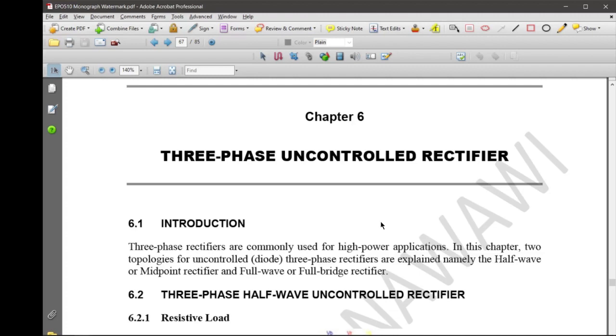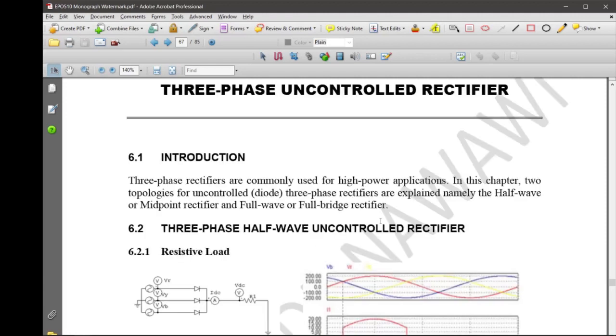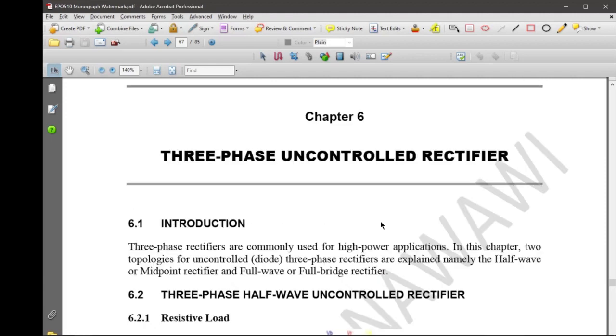Okay, so three-phase uncontrolled rectifier. As the name implies, three-phase refers to the input side. Instead of only a single phase AC, now we have three-phase AC. We have V red, V yellow, and V blue as the notations. In terms of the phasor diagram, you always draw it like this.